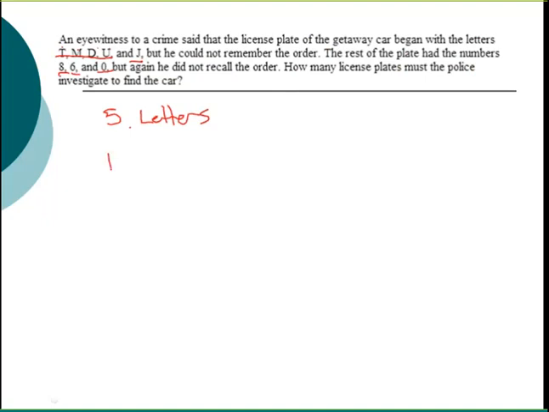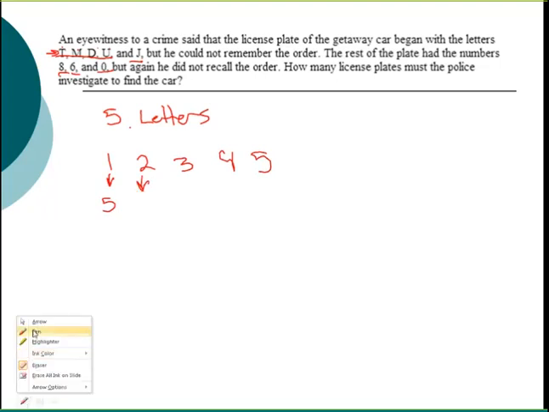And so we have 1, 2, 3, 4, 5 different positions that they were in. So in the first place, there was 5 possible letters that could be there. Second place, you can't reuse the letters, so there's only 4 things, I wrote 5, but I meant 4, that you could have in this next position.